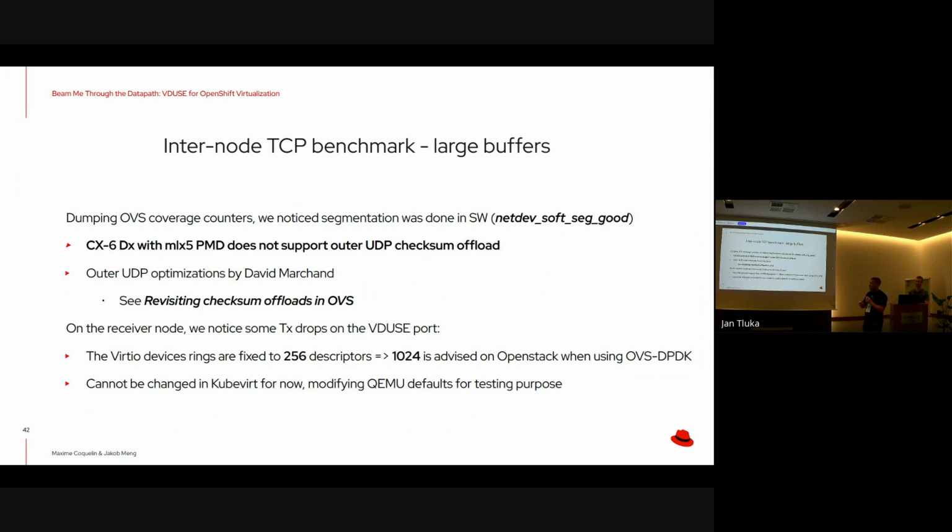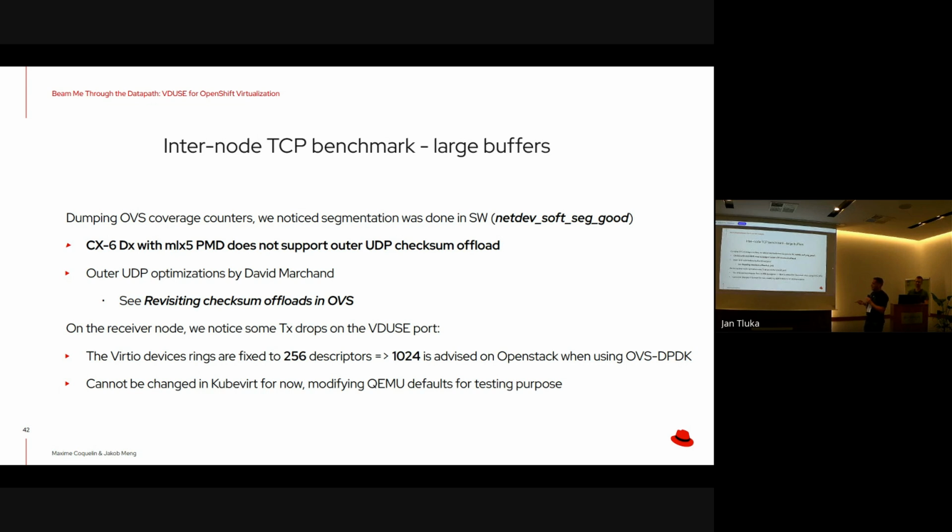David presented this earlier, and David fixed these issues. So now we can offload the segmentation and the checksum to the device. I invite you to review David's talk if you want more insight on this solution.